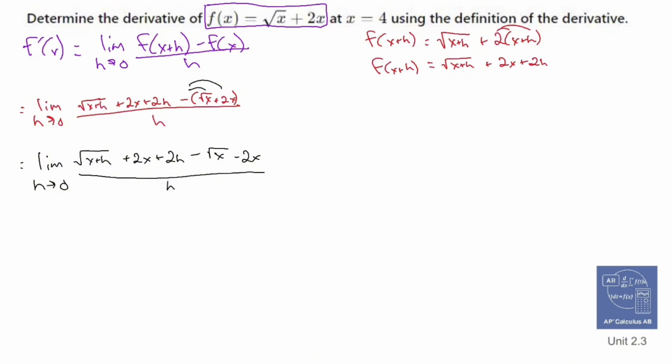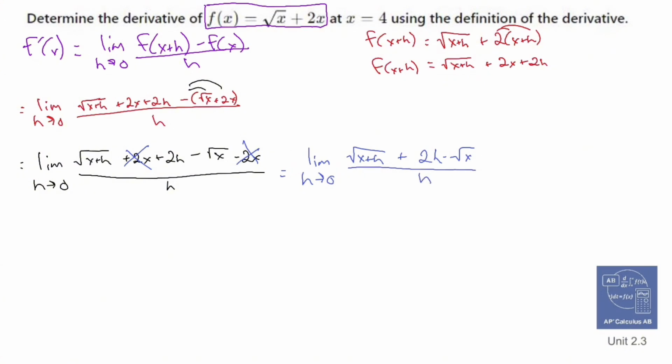Usually when this happens, we expect things to disappear, and that's exactly what's going to happen. So the 2x and the 2x disappear. So we have the limit as h approaches 0 of the square root of x plus h plus 2h minus root x, all over h.